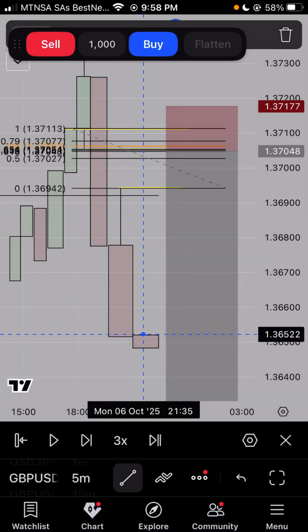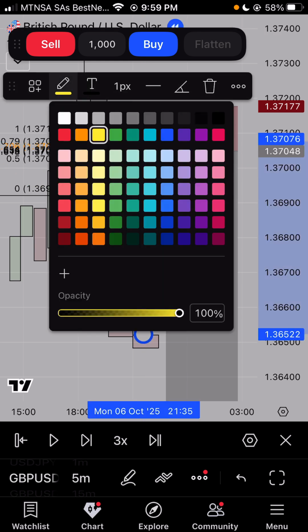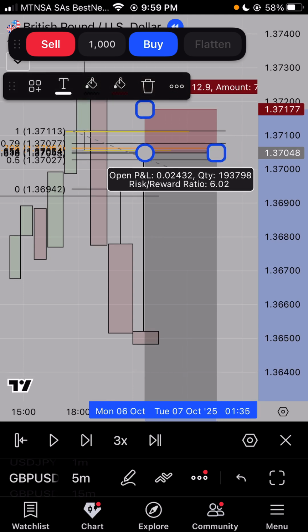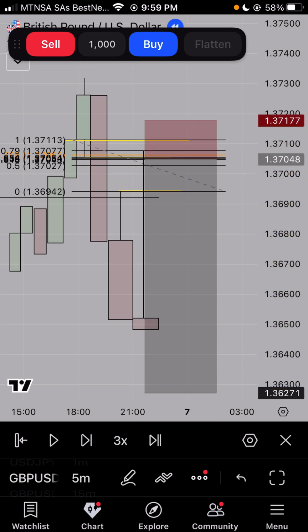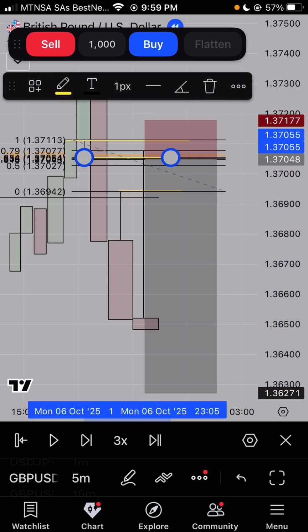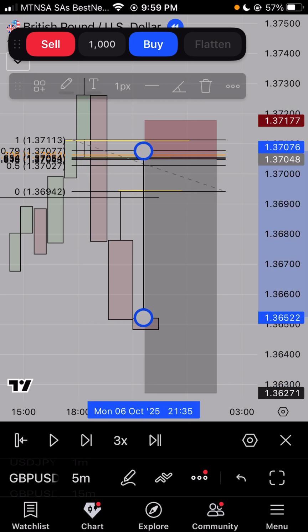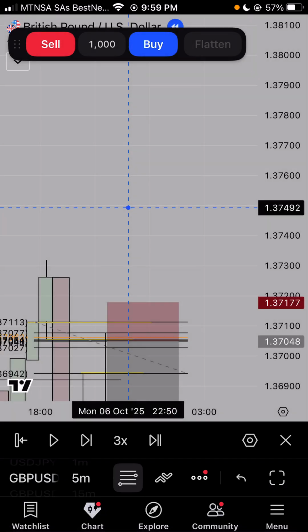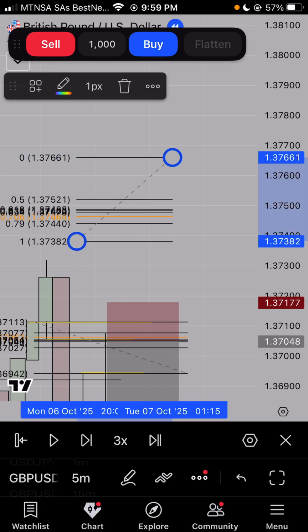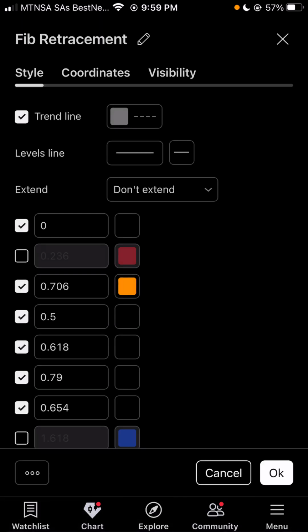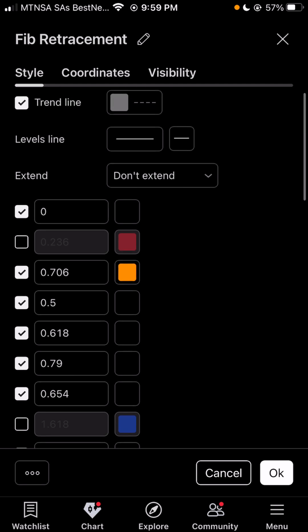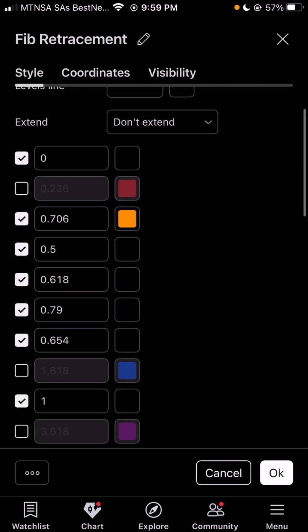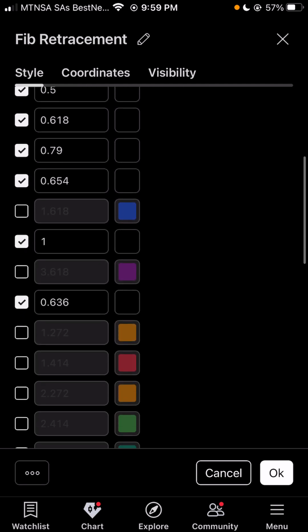It will literally push up with a wick like this, giving you your entry, and then pushes towards the downside. This is my Fibonacci levels, settings. Screenshot this, and then put it on your Fibonacci, right? Just screenshot it like this.